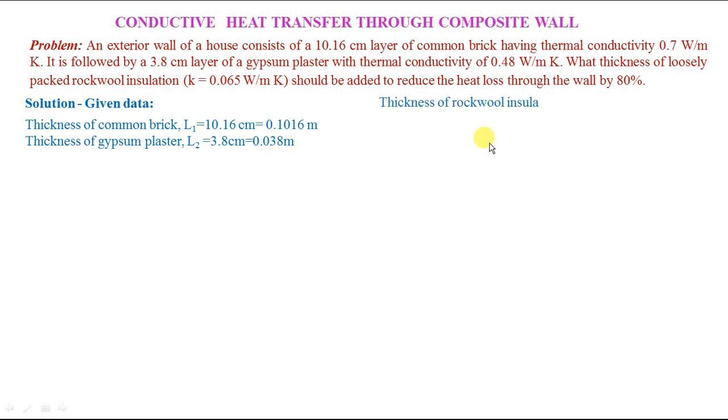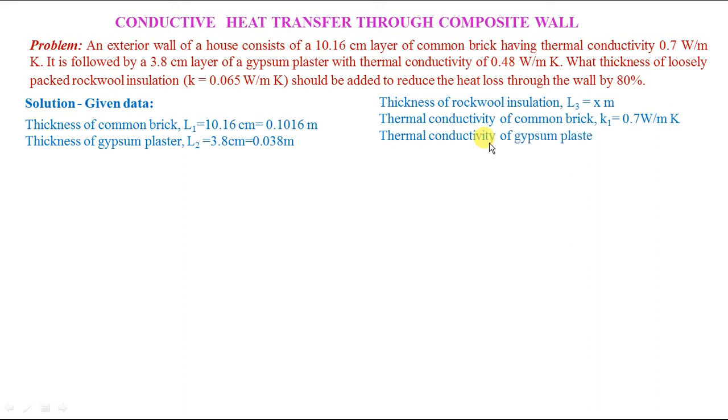The thickness of rock wool insulation L3 is equal to X meter. Thermal conductivity of common brick K1 is equal to 0.7 watts per meter Kelvin. Thermal conductivity of gypsum plaster K2 is equal to 0.48 watts per meter Kelvin. And thermal conductivity of rock wool insulation K3 is equal to 0.065 watts per meter Kelvin.